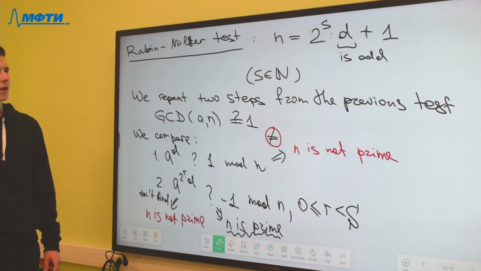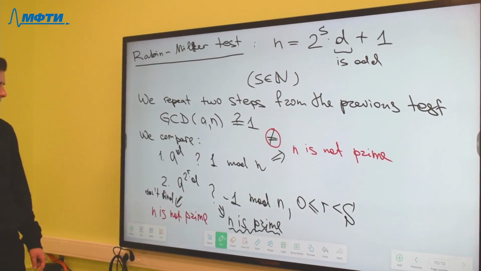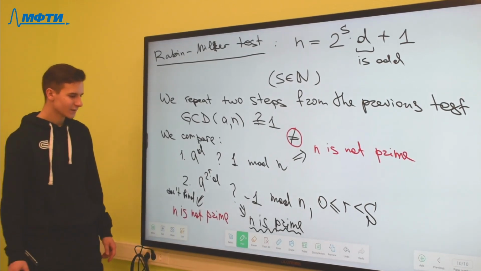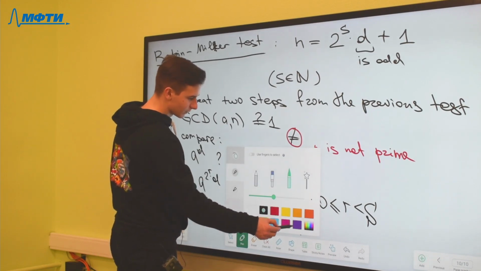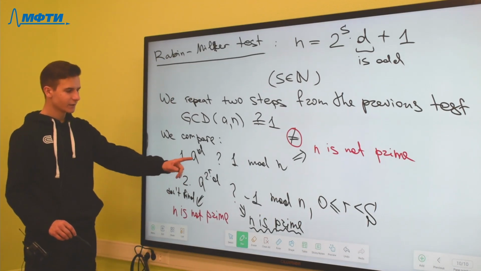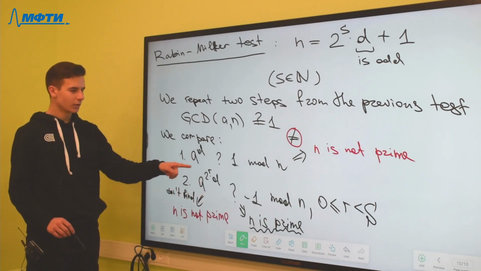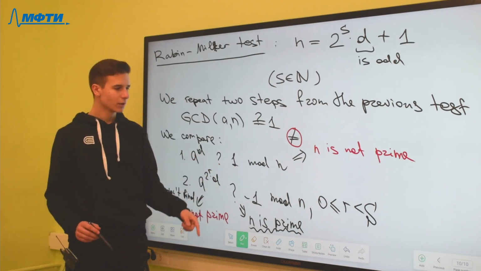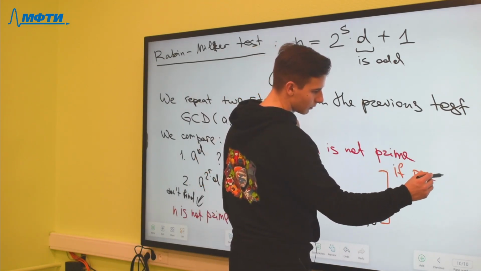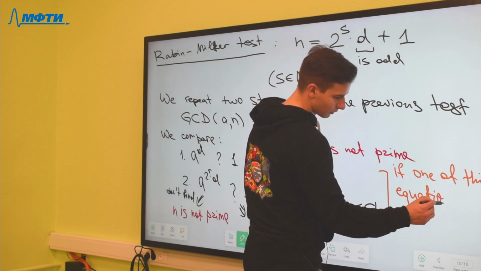Firstly, it is all about this test, and in this case, we say that if we find such a that a to the power d is equal to 1, in this case, this equation is true.